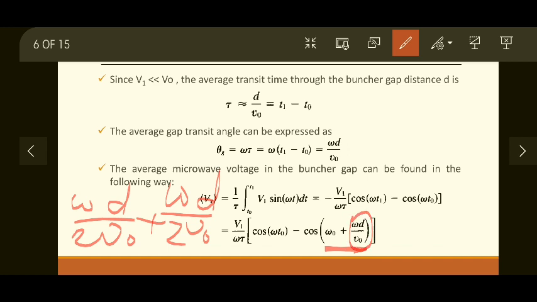So what will happen? Omega t0 plus omega d upon 2 v0 plus omega d upon 2 v0.